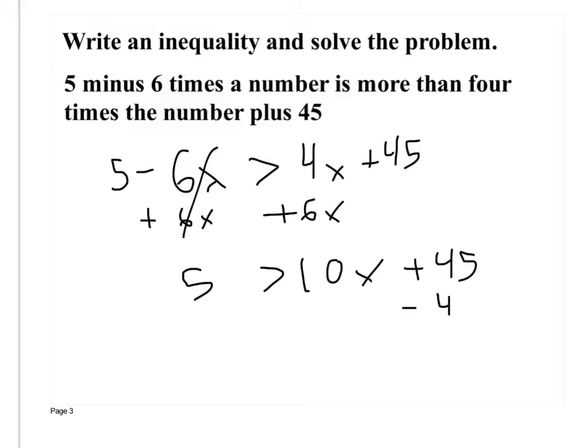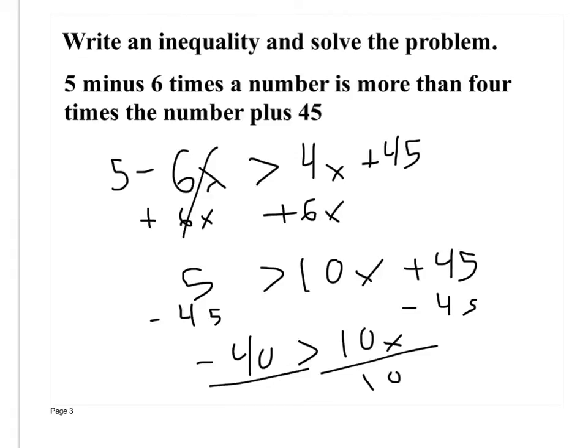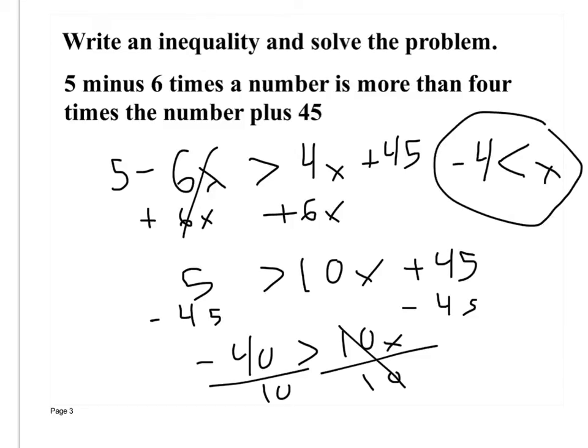I subtract 45. Gives me -40. It is greater than 10x, so I divide by 10. I have to change my sign. And then -40 divided by 10 is -4. -4 is less than x.